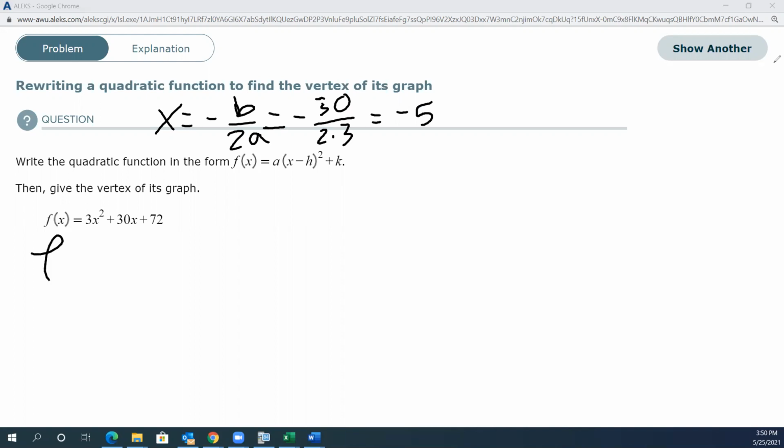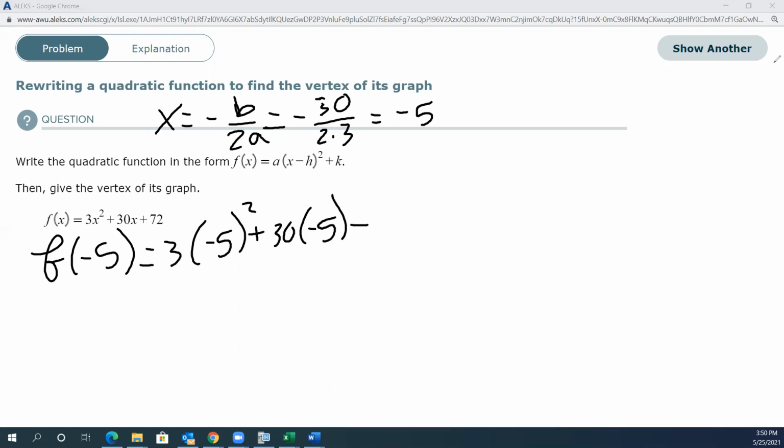So f of negative 5, to get the corresponding y coordinate of that vertex, could be done this way, and we get -3. Okay, so it turns out that's our h, that's our k.